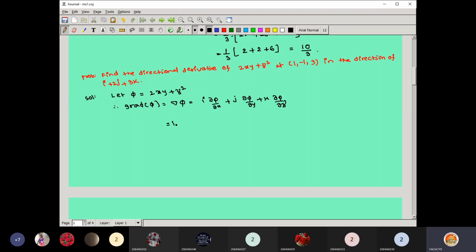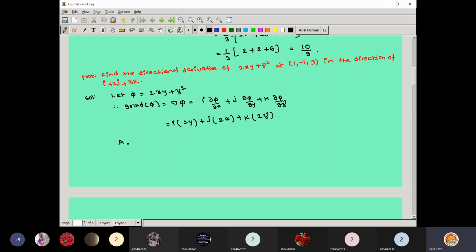So i dou phi by dou x, with respect to the x variable, becomes 2y, only 2y. Plus j dou phi by dou y, with respect to y, only 2x, remaining 0. Plus k dou phi by dou z, you will have only 2z.